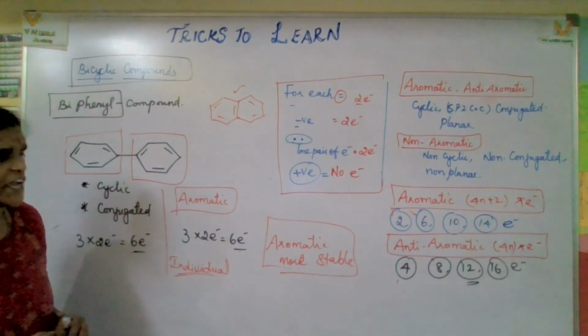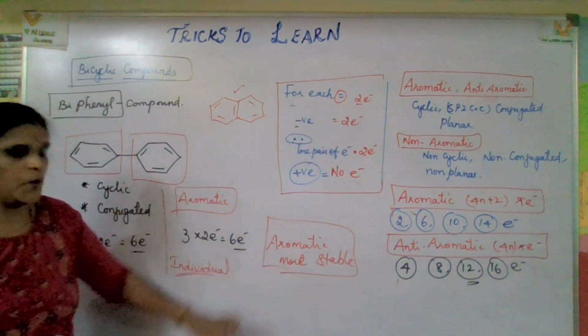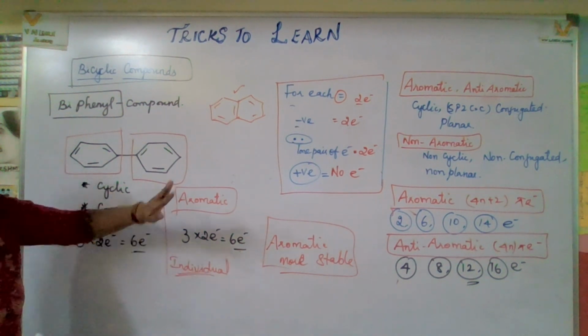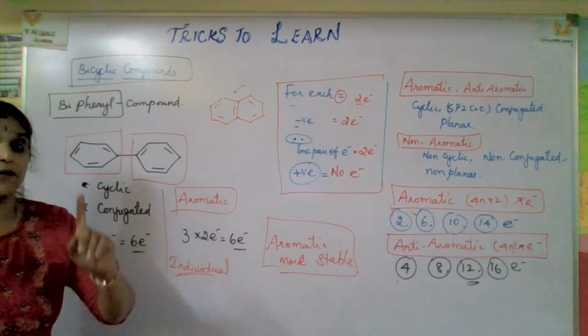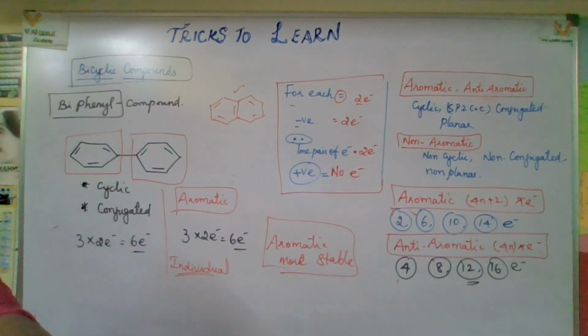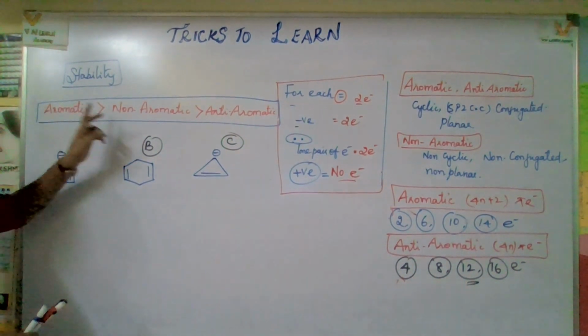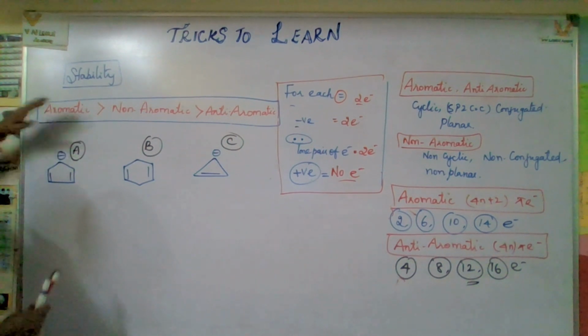Let us check which is more stable with some examples: aromatic, anti-aromatic or non-aromatic. Now let us see the stability order: aromatic, non-aromatic and anti-aromatic. Which is more stable? Aromatic.